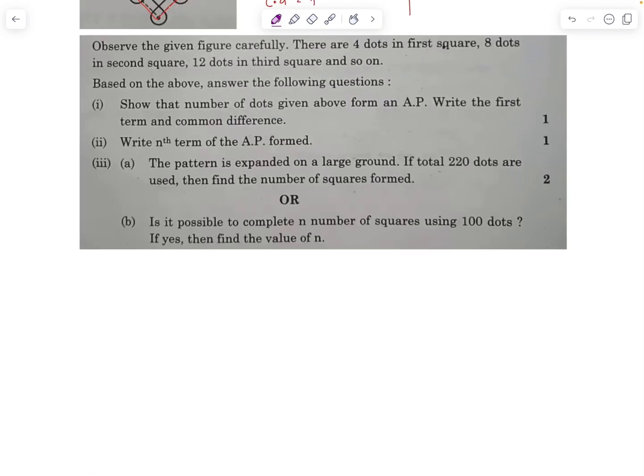Question number 3, subdivision A. The pattern is expanded on a large ground. If total 220 dots are used, then find the number of squares formed. The total number of dots given in the question is 220, which means the sum of the dots from the first square to the nth square, Sn, is 220.